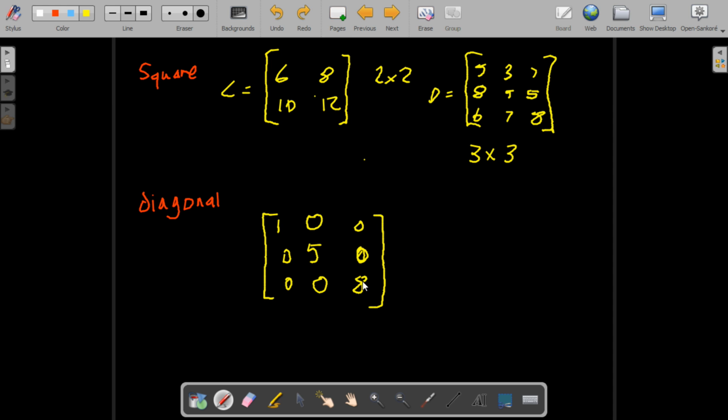Again, a diagonal matrix has to be a square matrix. It's just numbers along the diagonal, and all the rest are filled out with zeros. It doesn't have to be a 3 by 3, it could be a 2 by 2, 4 by 4, etc. It just has to be a square matrix. So that's the definition of a diagonal matrix.